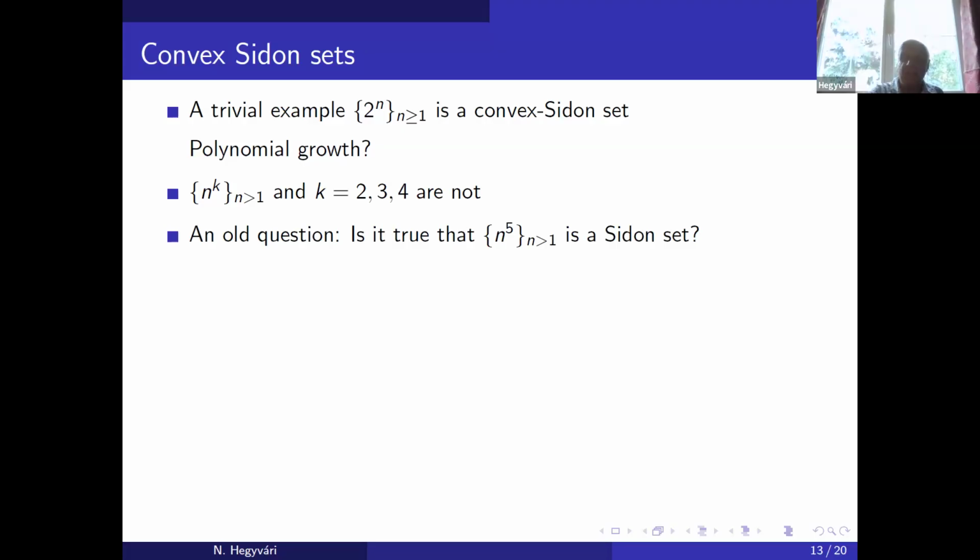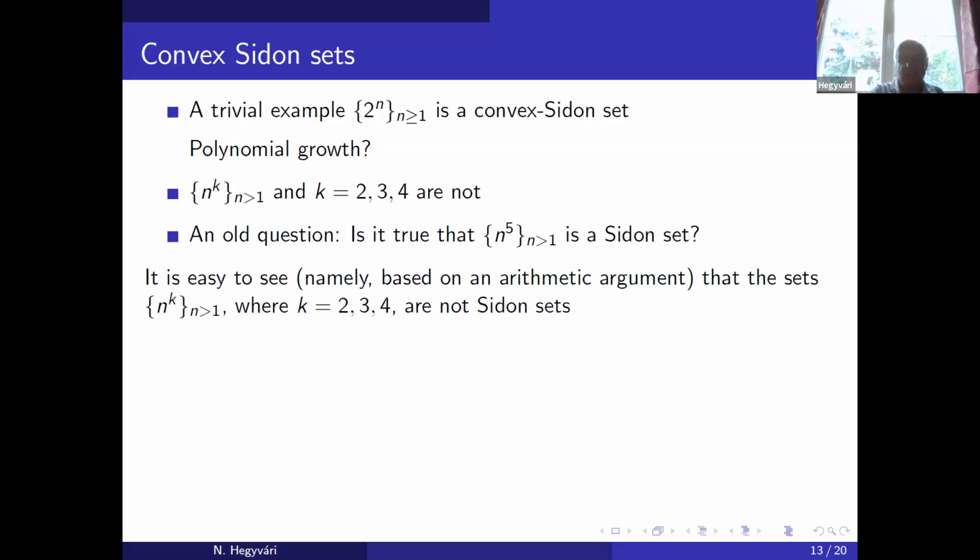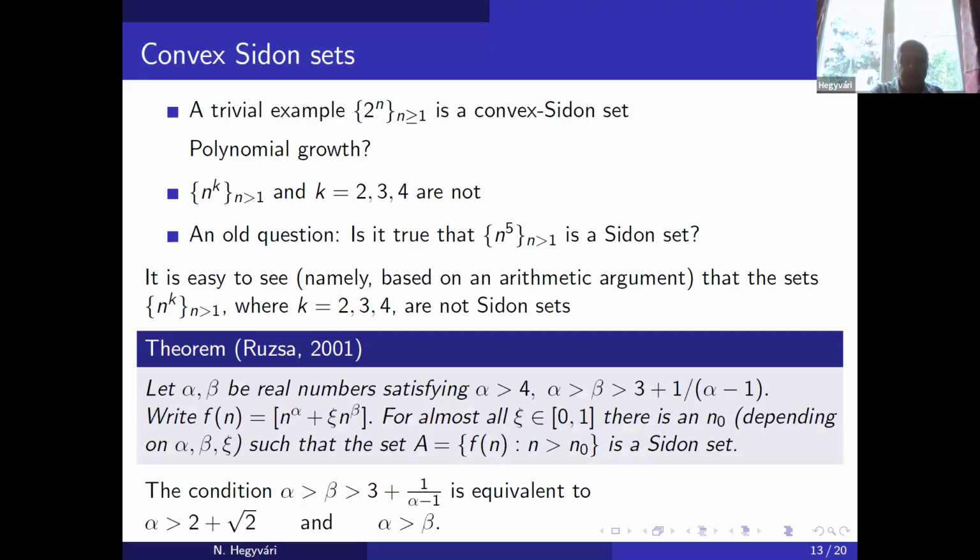There is no progress. There is just what Ruzsa made in 2001. He proved a somewhat more general result, namely that we have parameters alpha and beta, where alpha is bigger than 4 and beta is less than alpha and bigger than what you see here. Take f(n), which is the integer part of n to the alpha plus c times n to the beta.